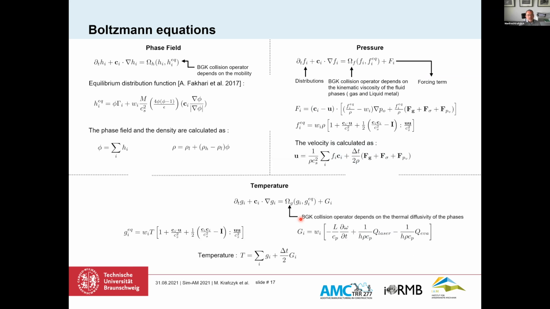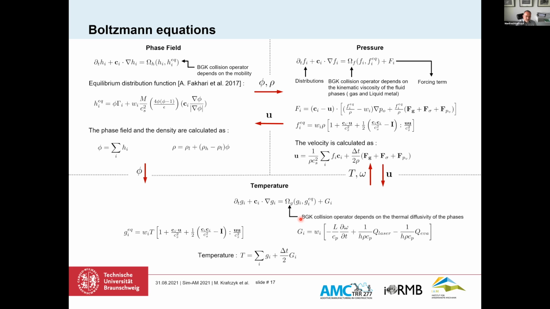So essentially you have a phase field equation for the multi-phase flow. And then you have to, of course, solve the momentum equations coupled with the pressure equation. That's all somehow married in the Lattice Boltzmann framework, so I won't go into details. And then, of course, you have a temperature field, which also influences the transport parameters. So you have a coupling of different fields: the phase field, density field, velocity field.